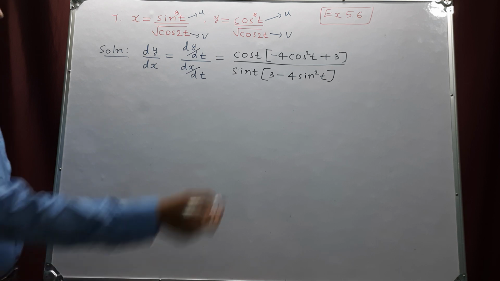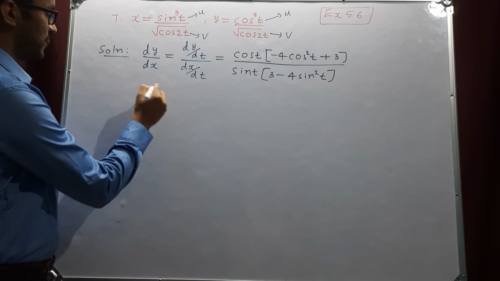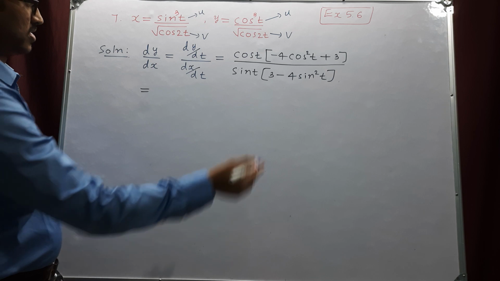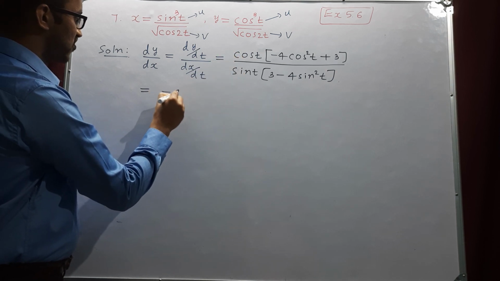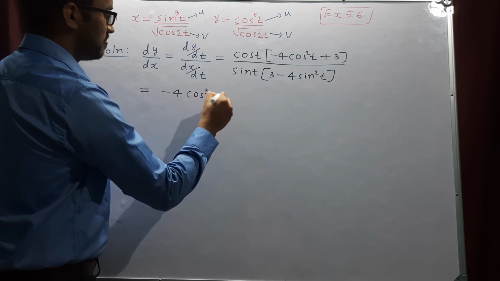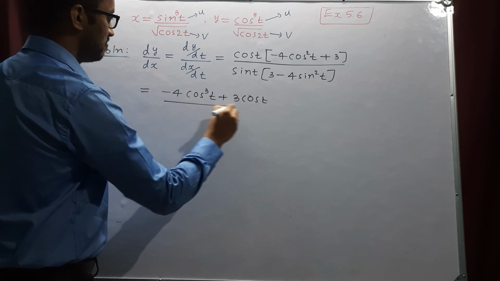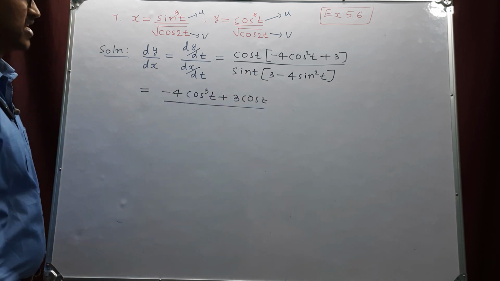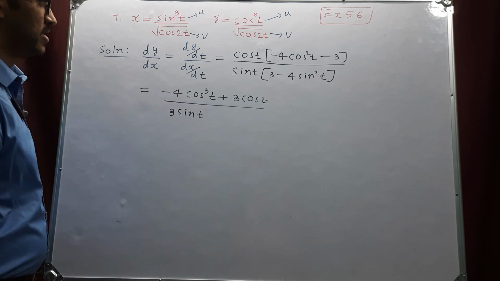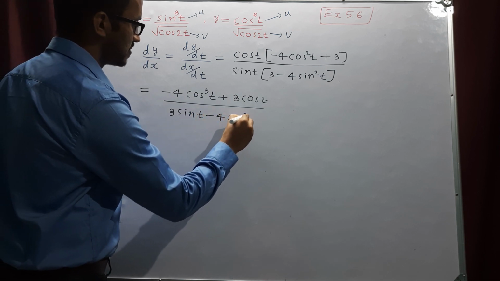So after simplifying, we get this much. That is equal to, so again if I multiply by cos t, that is minus 4 cos cube t plus 3 cos t by the denominator, which becomes 3 sin t minus 4 sin cube t.